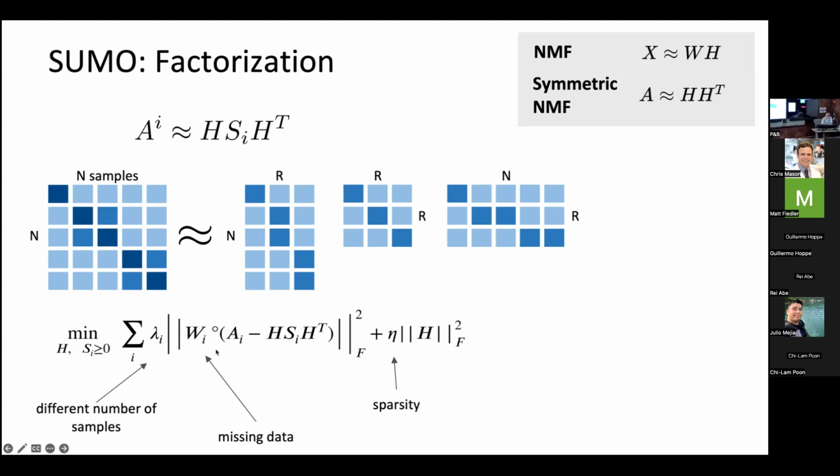Now, to support missing values, here we introduce a 0-1 matrix that will literally just remove from our sum the values that are missing. And then I also added weights to take into account that different omics are going to have different numbers of samples, in this case patients, for which we don't have available data.